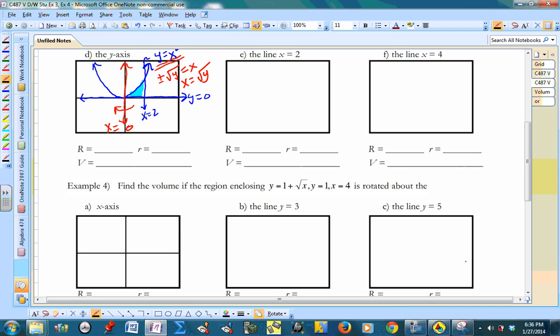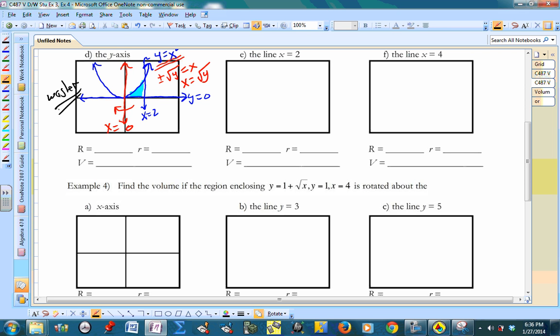Okay. And now let's try to determine what type of solid we'll have, what type of cross-sections we'll have when we rotate around the y-axis. Now we're going to have discs or washers. If you see this blank white space in here between the shaded region and the axis of revolution, that's an indication that we're going to be dealing with washers.